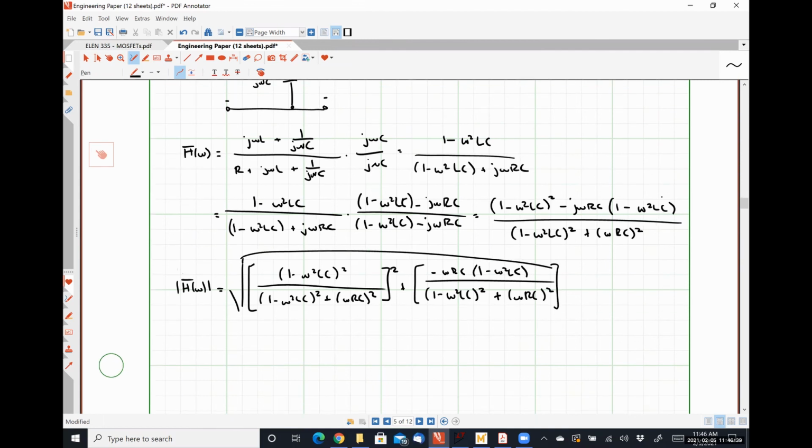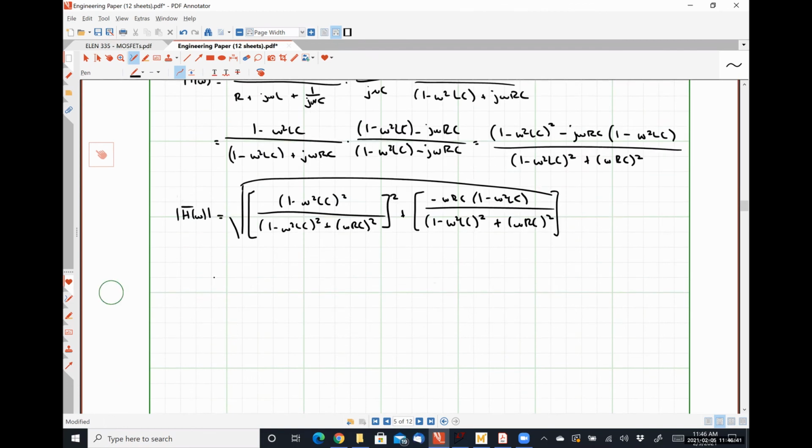And skipping one step just because I don't want Zoom to die on us again, we get 1 minus omega squared LC divided by the square root of 1 minus omega squared LC quantity squared plus omega RC quantity squared.